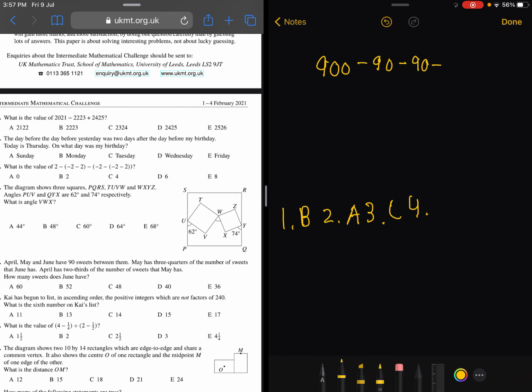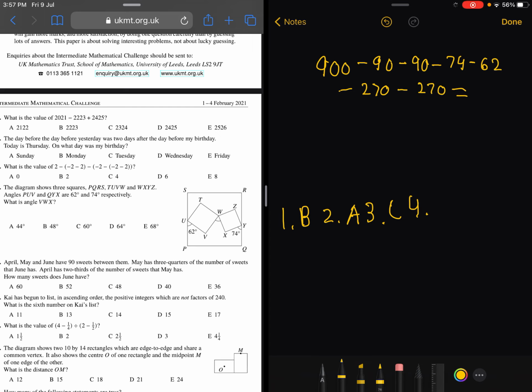Then we have XYQ, which is 74, PUV, which is 62, and we also know the reflex angle UVW, because that's 360 minus 90, which is 270, and similarly WXY is also 270.